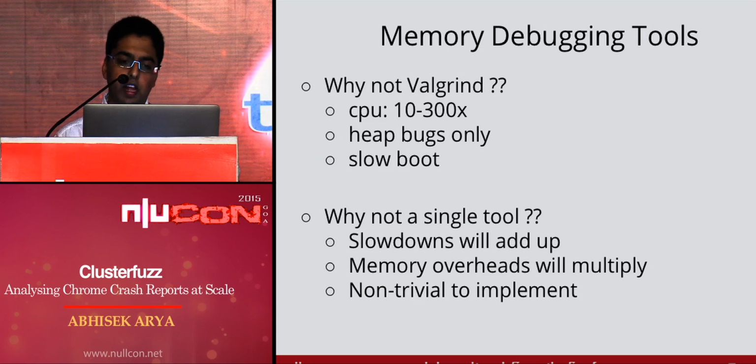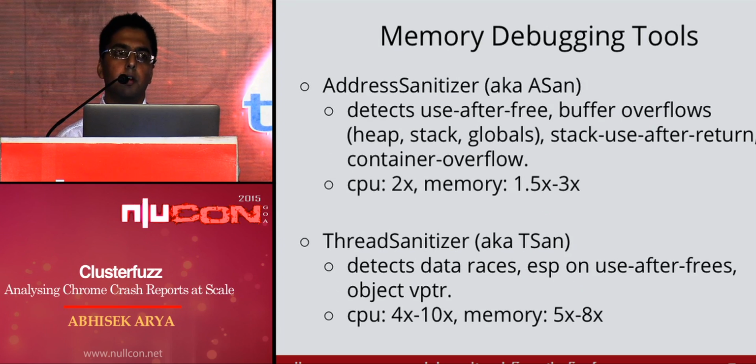It was the first one, which came about 4 years back, and it finds a whole bunch of security issues like heap use after free and buffer overflows. It's also much better than Valgrind because it instruments stack variables and global variables too, with minimal slowdown, less than 2x on CPU and less than 2x on memory.